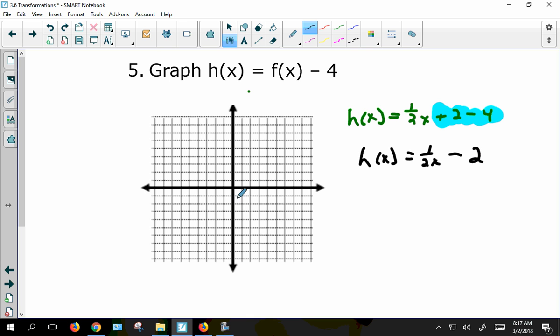So then I graph h of x. I go to -2, up 1 over 2, up 1 over 2. Then I connect this as straight as possible, and I'll label it h of x.